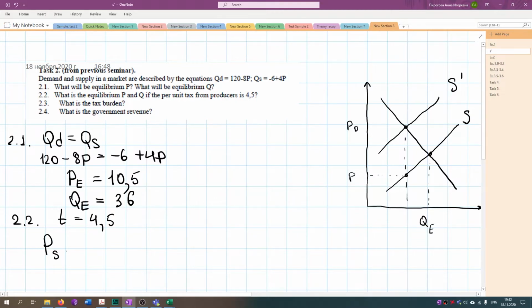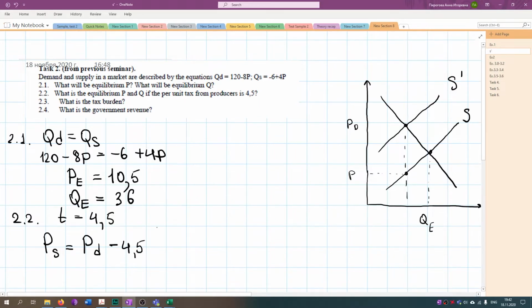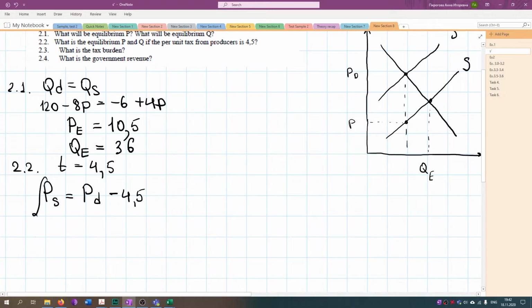Price of suppliers is equal to price for customers minus our tax. And the second equation of our system will be quantity demanded is equal to quantity supplied. So instead of our quantities, we write our functions.